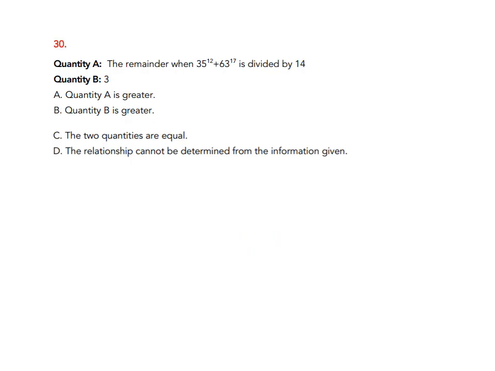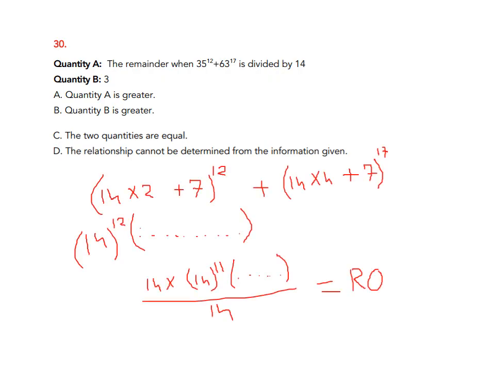How many of the 11 integers greater than 10 to the power 7 and less than 10 to the power 7 plus 12 are divisible by 11? So 10 to the power 7, how can I write it? 1 and 7 zeros. And then just add 12.